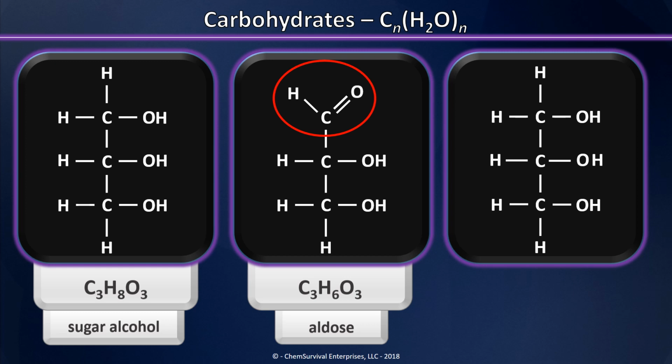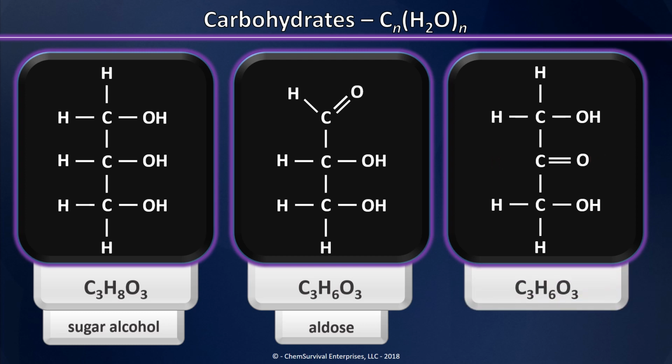Now let's take a look at that molecule on the right. To turn my sugar alcohol into a carbohydrate, I could just as well have chosen to remove these 2 hydrogens. These 2 hydrogens, when removed, create also a carbonyl group, but now it's in the middle of the molecule, a molecule with the formula C3H6O3, just as a carbohydrate should have.